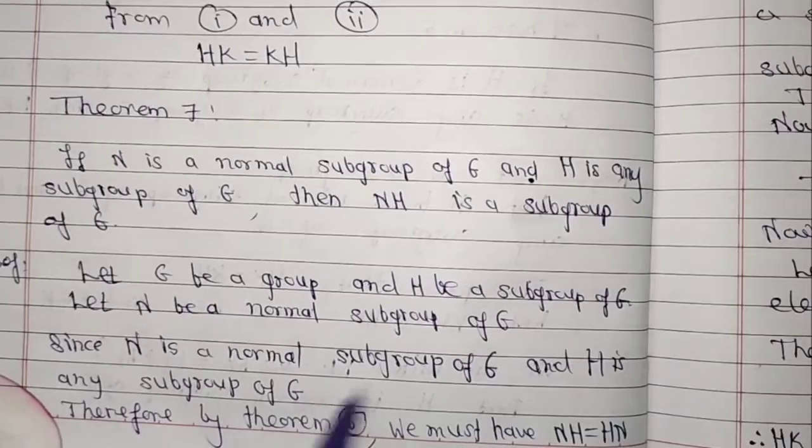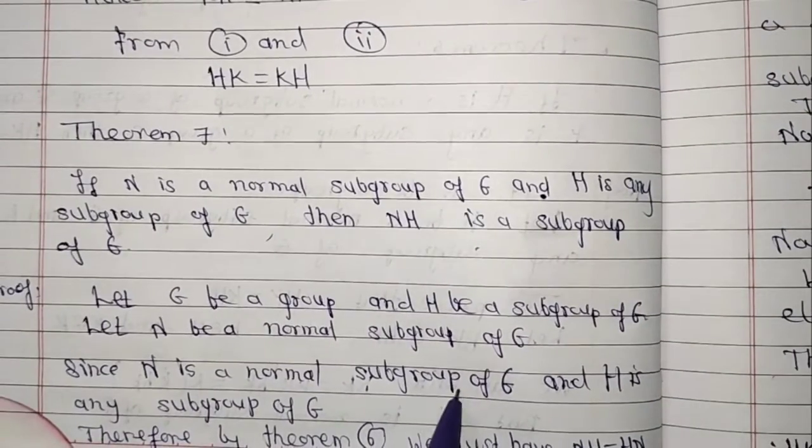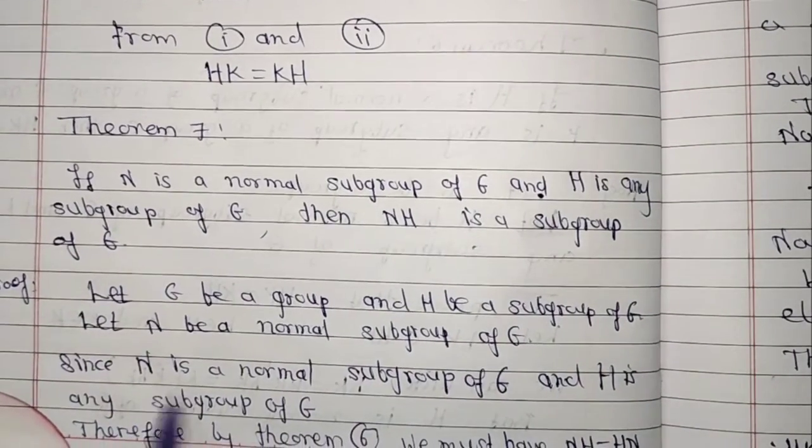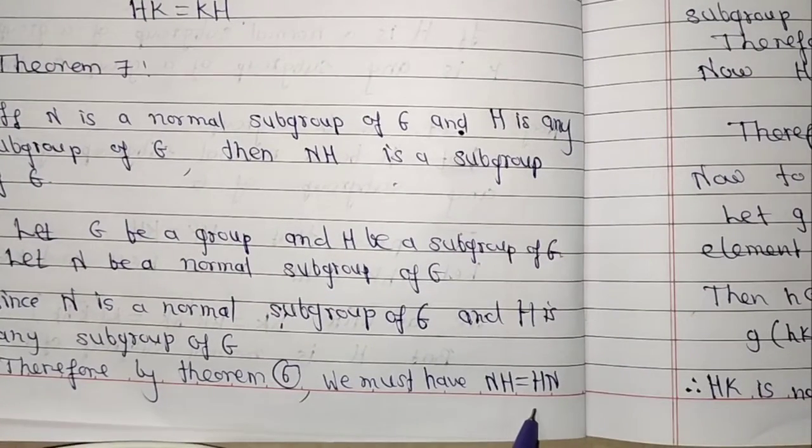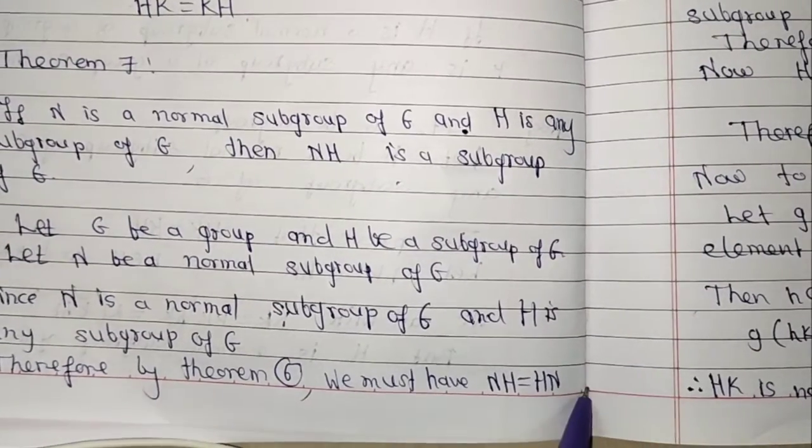Using this property, where G is a group and N is a normal subgroup, instead of K we take N. So we must get NH equal to HN by this theorem.